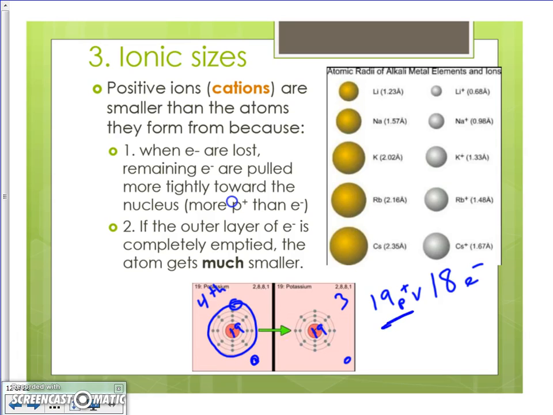Proton pull is definitely going to win there. So they're actually smaller than you would even expect from losing that ring. If the outer layer of electrons is completely emptied, like what we saw here, though it's not always completely emptied, we can definitely see that the atom gets much smaller. You lose the ring and you have that extra pull.